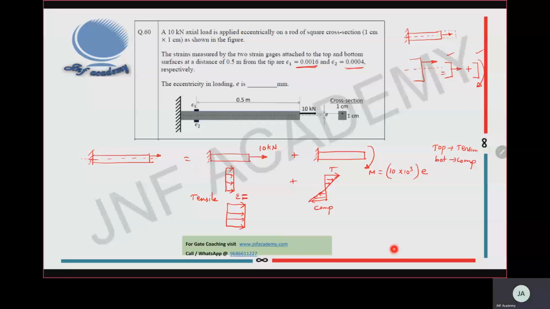Let me take the initial value as epsilon 0.001. Here the epsilon value may be 0.0006, tension here, and 0.0006 compression.